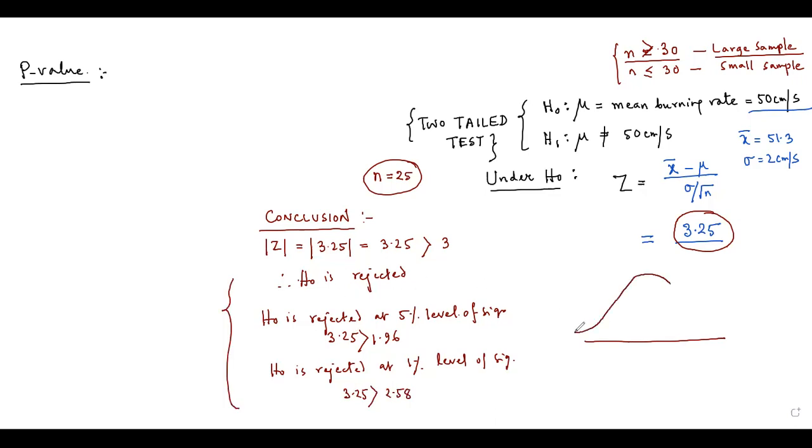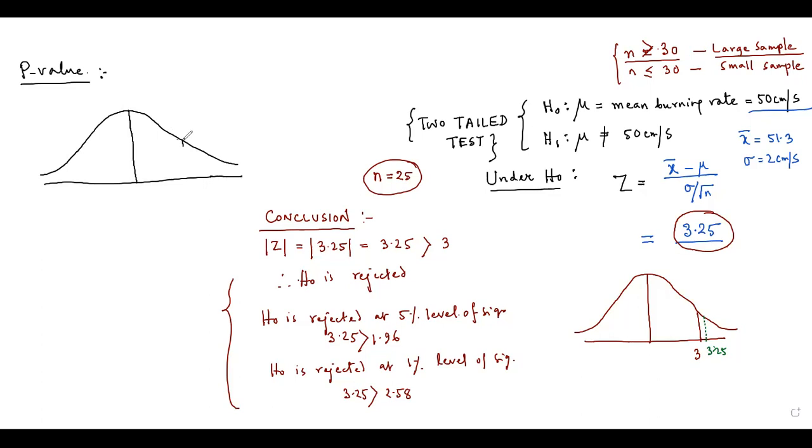So we have this normal curve, and we have this value 3, and 3.25 is lying somewhere here. Say, for example, this is my 3.25. I'm trying to draw the figure in an enlarged manner so that you can see it properly.